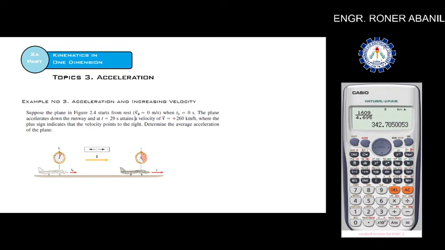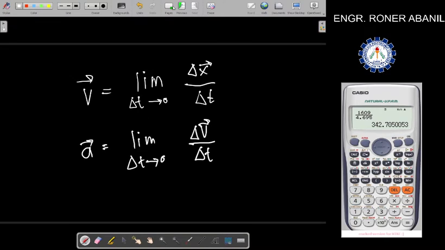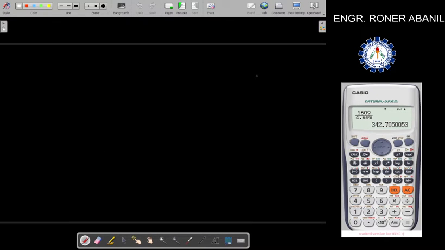So dito, hanapin daw natin yung average acceleration. So, paano natin kukunin yon? So, gamitin natin yung formula. No? Acceleration is equal to change in velocity, final tapos initial velocity, over final time minus initial time.